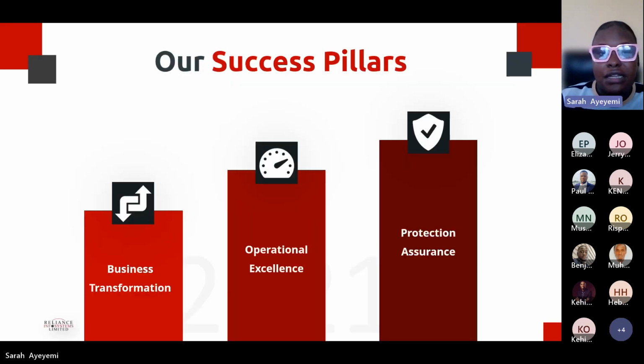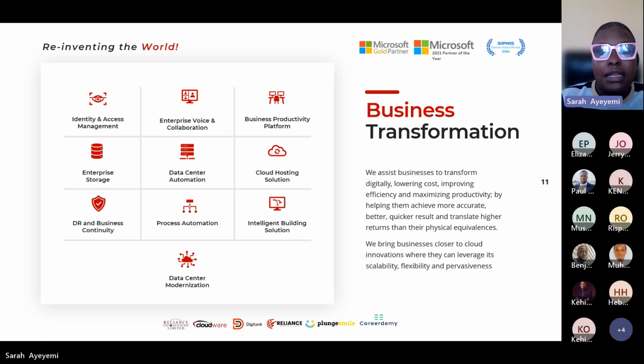All right, our success pillars include business transformation, operational excellence, and protection assurance. When we say business transformation, we mean that we assist businesses like yours to transform digitally, lowering costs, improving efficiency, and maximizing productivity.